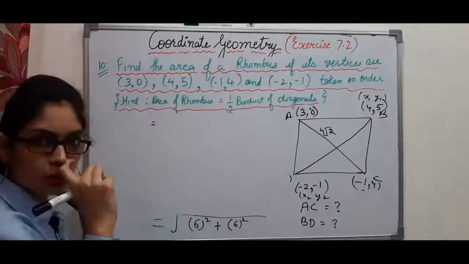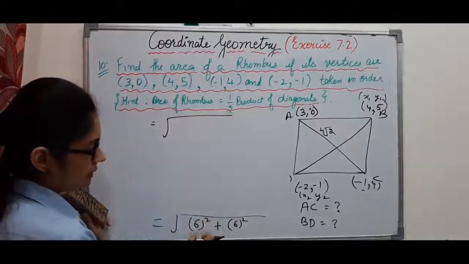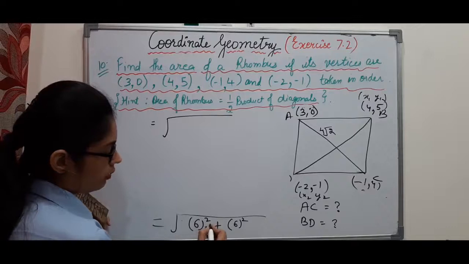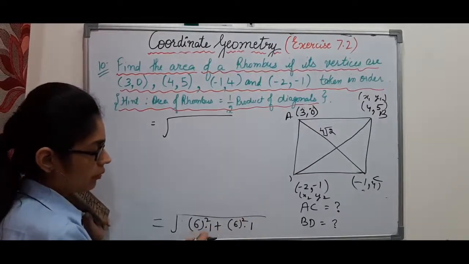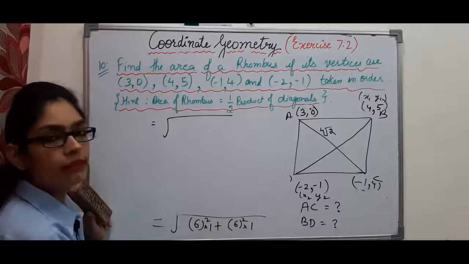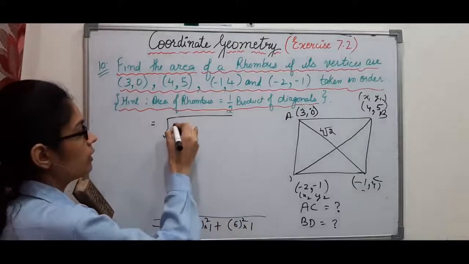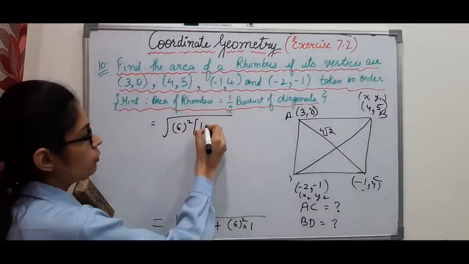So root 32 also, if you want, you can do this way. Both the terms have 6 square. So 6 square into 1 if I write, it will be 6 square only. So I am just writing 6 square into 1, 6 square into 1. This 6 square is present in both, so I am just taking it common. Now the remaining terms I will write, which is 1 plus 1.